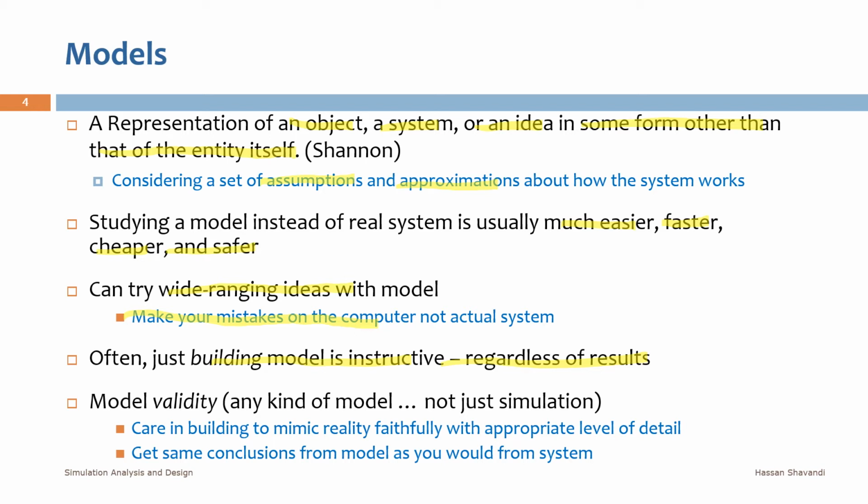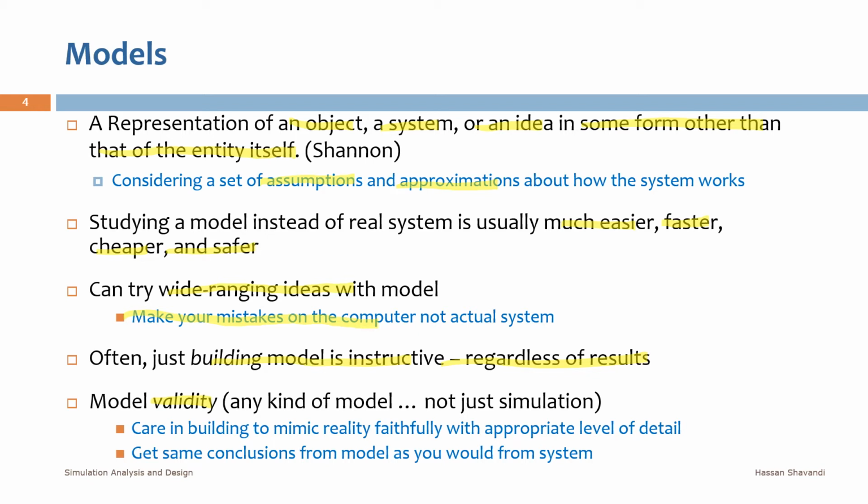Okay. And so by having a model at the end, we need to verify and validate the model. So it's for all kinds of models, not just for simulation. So without validation, we can't actually rely on the results obtained by the model.